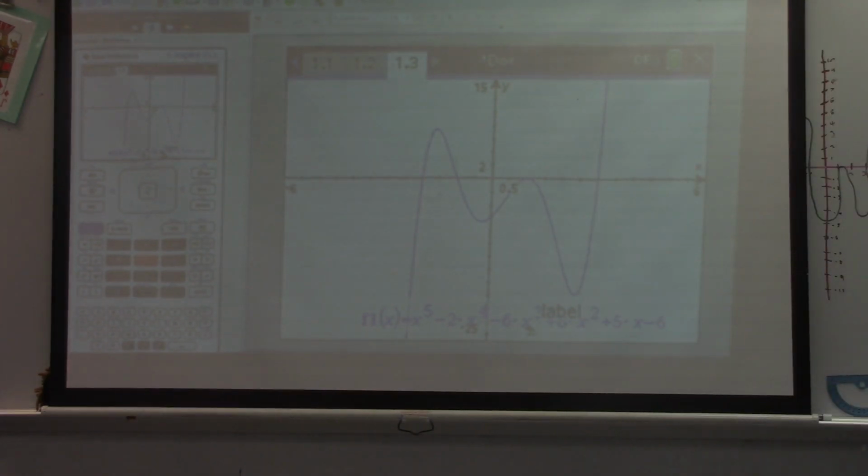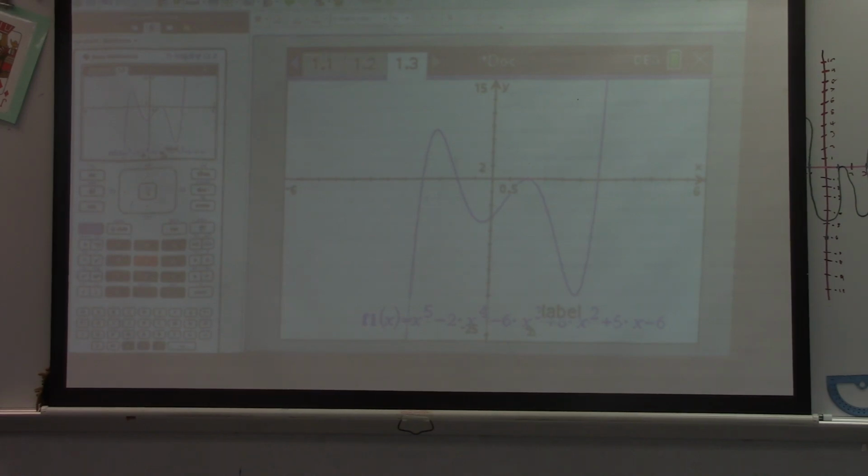A relative maximum is the value, and don't forget value means the what? Which value am I referring to? The y value, right? The value of f of x, or my output, my y value. So the value of f of x where the function stops what?